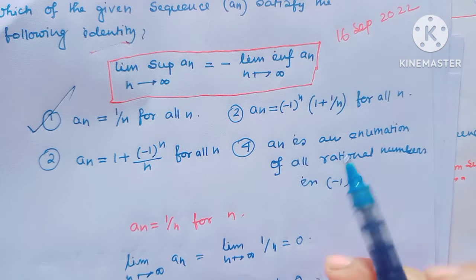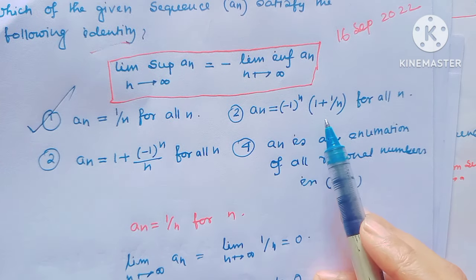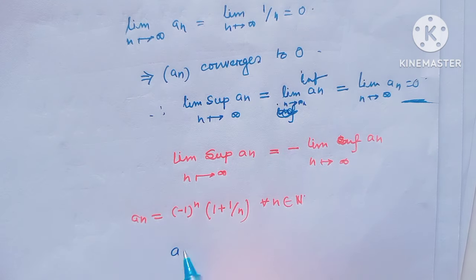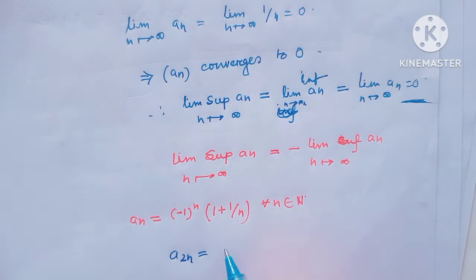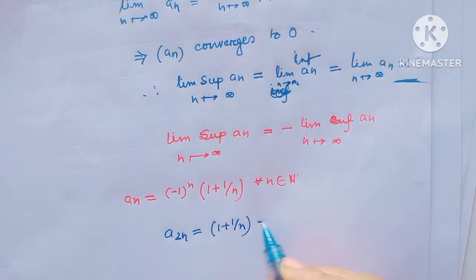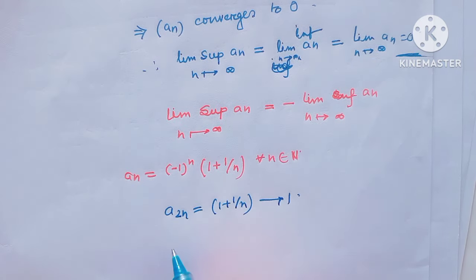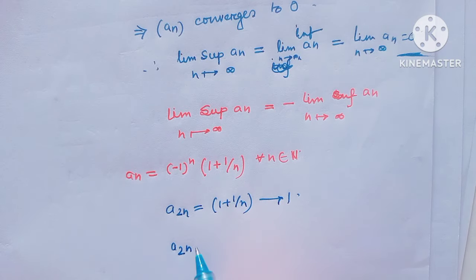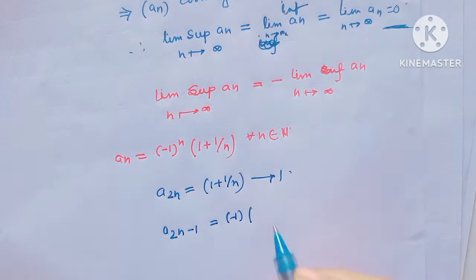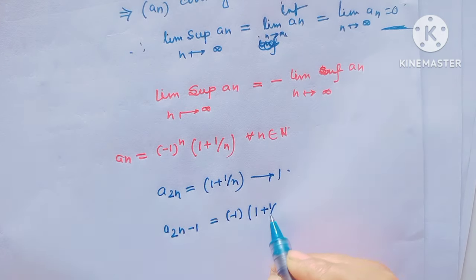Next, a_n equal to minus 1 to the power n times 1 plus 1 over n, this is true for all n. Here the subsequence a_2n equals 1 plus 1 over n, which converges to 1, and the subsequence a_2n minus 1 equals minus 1 times 1 plus 1 over n.